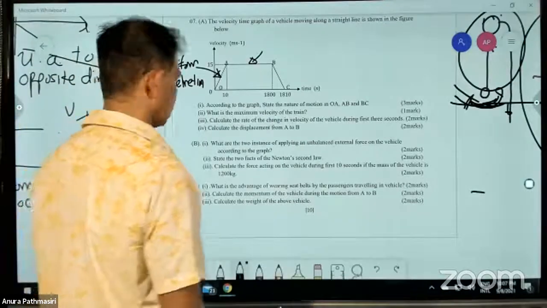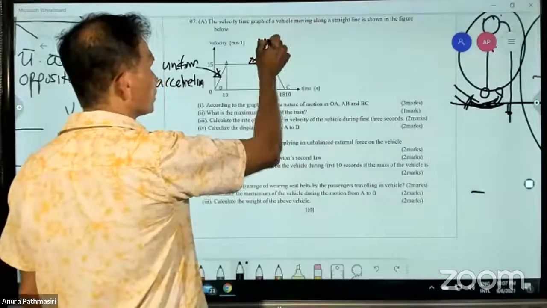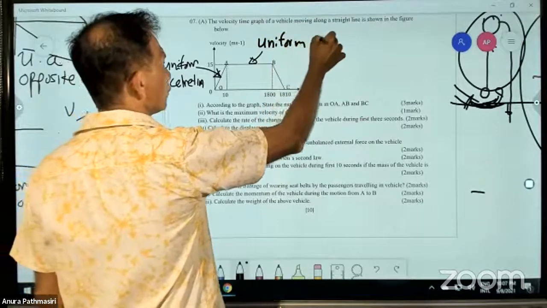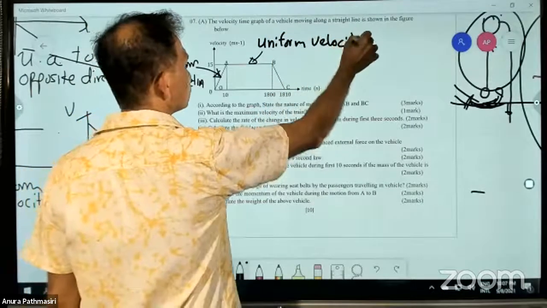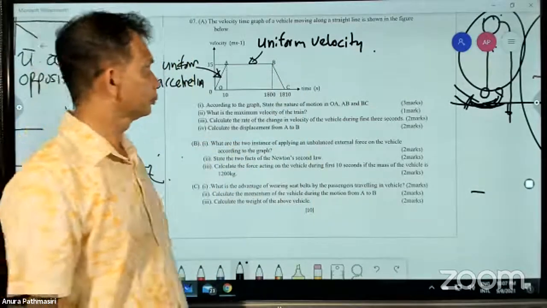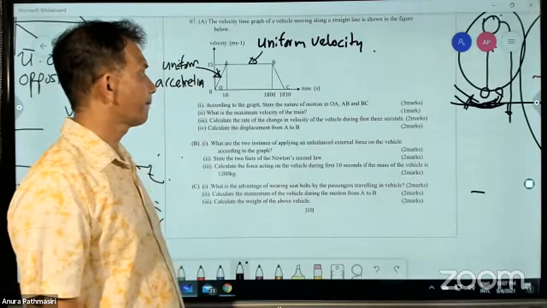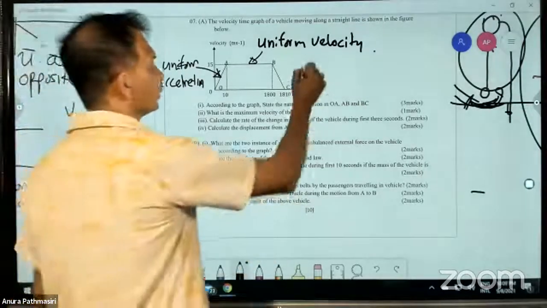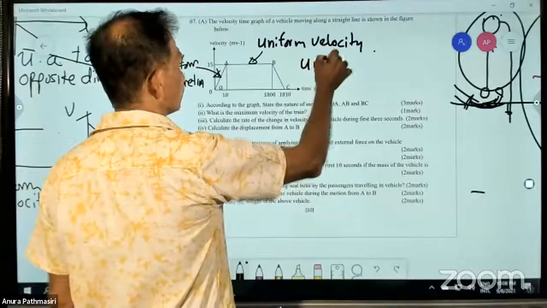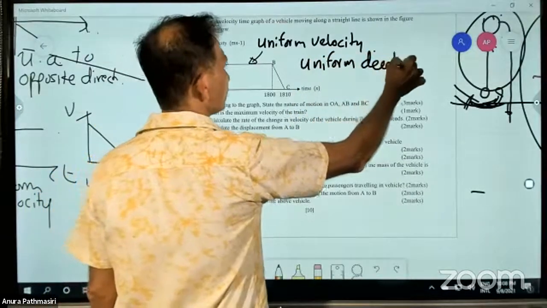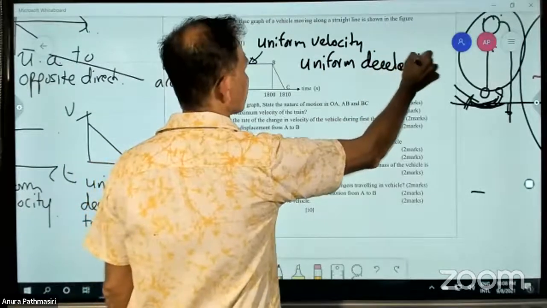AB is constant, uniform velocity. And BC is uniform deceleration.